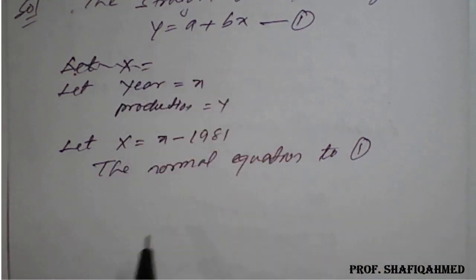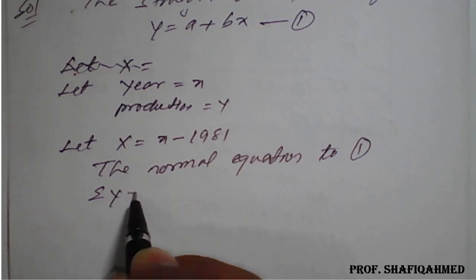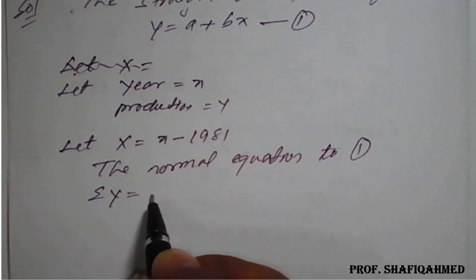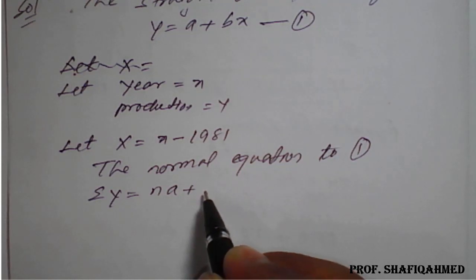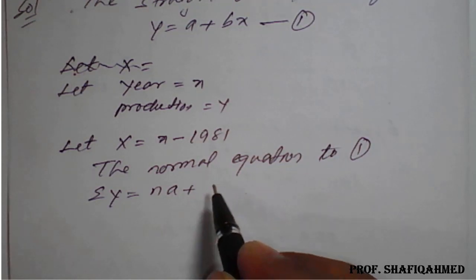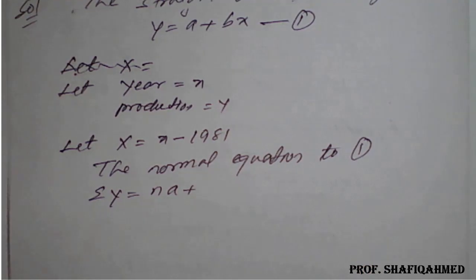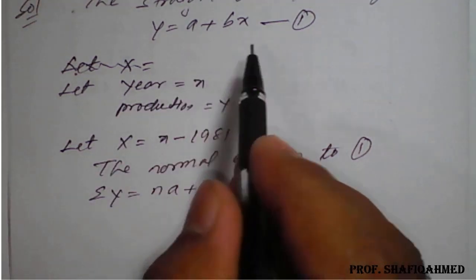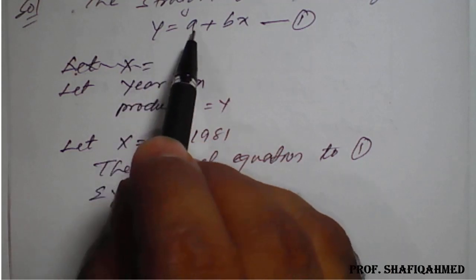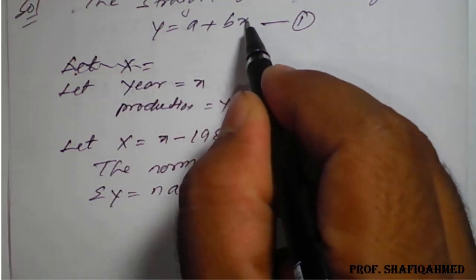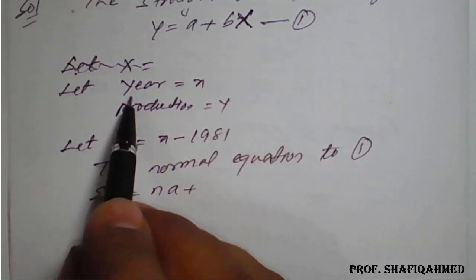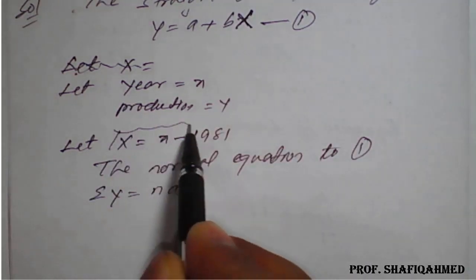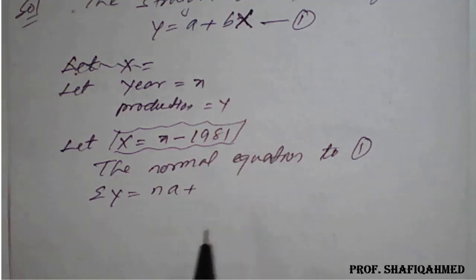Apply summation on both sides. Summation of y is equal to n into a plus, so here I will make a small modification: y is equal to a plus capital B x, because we are using this formula to reduce the value of x.